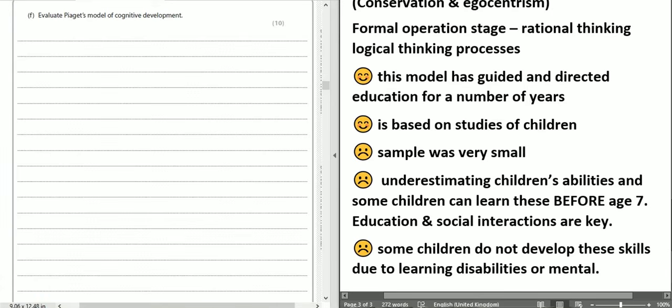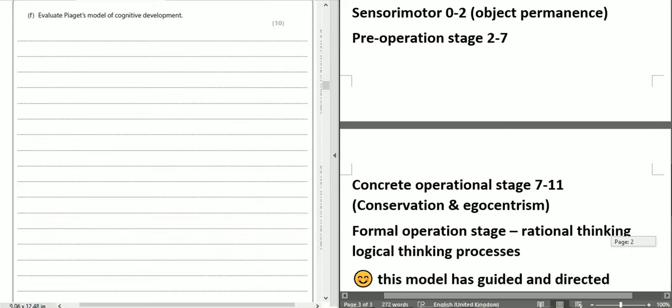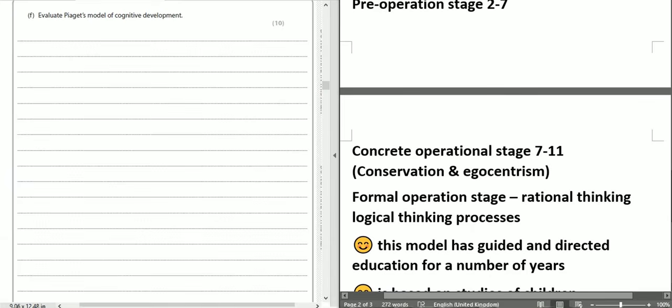And as I say, because it's an evaluation question, we might want to just outline a little bit about what he says. So the sensory motor, we're exploring the world with our senses: taste, touch, smell, sound, and then we move into pre-operational, where we're starting to interact with other people. We're starting to explore beyond their very small understanding of the world.